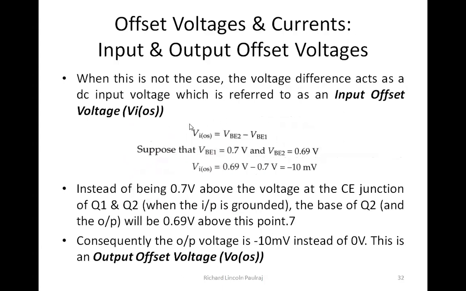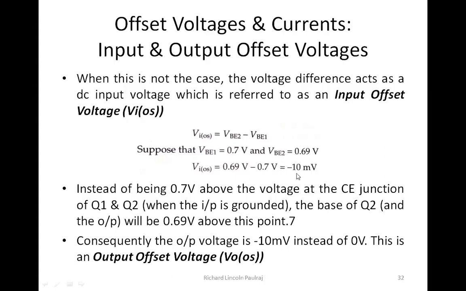So let's get back to this equation here. We see that this input voltage is actually the difference between these two voltages, VB1 and VB2. So we had assumed that if one is about 0.7 and the other one is about 0.69, just about 0.01 difference, how can it play an impact?